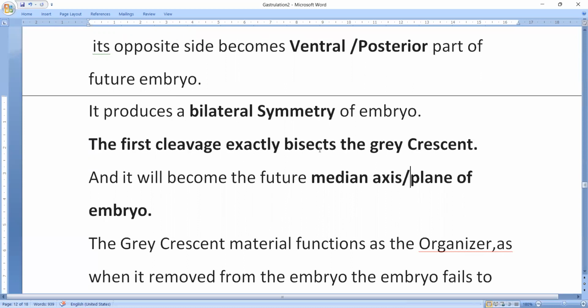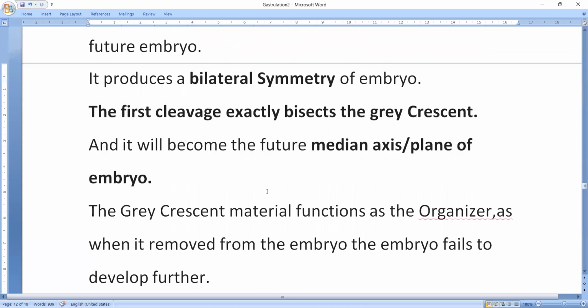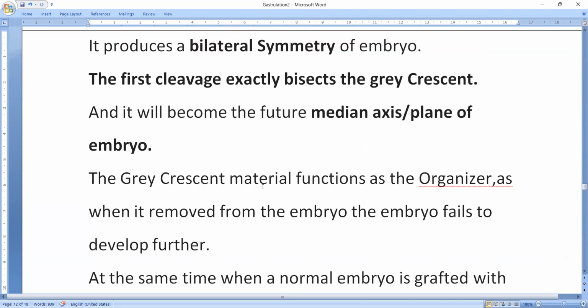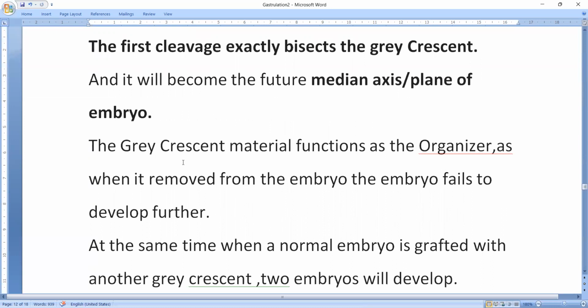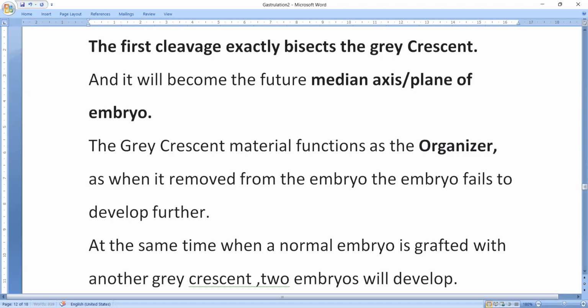The first cleavage exactly bisects the gray crescent and it will become the future central axis or median axis plane of the embryo. We can imagine it as the central axis. Then the gray crescent material functions as an organizer. Remember this well.